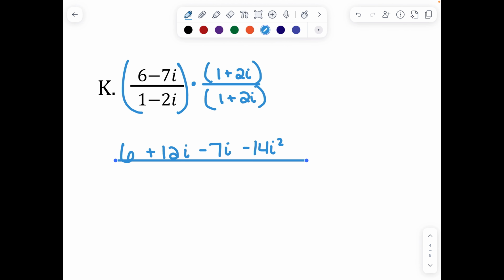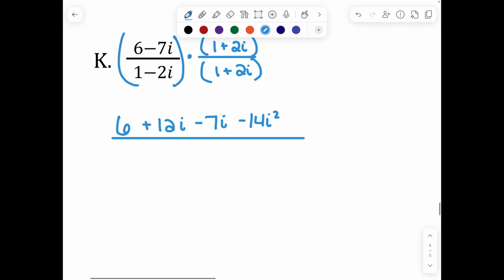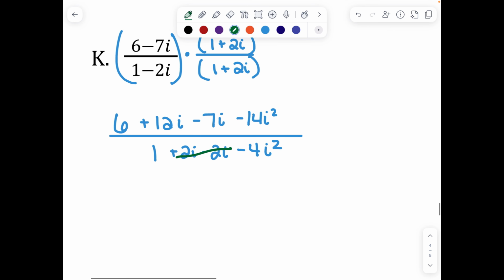all over. So we need to remember that those like terms are going to cancel. So 1 times 1 is 1. Again, we get plus 2i minus 2i minus 4i squared. These terms cancel. These will combine.